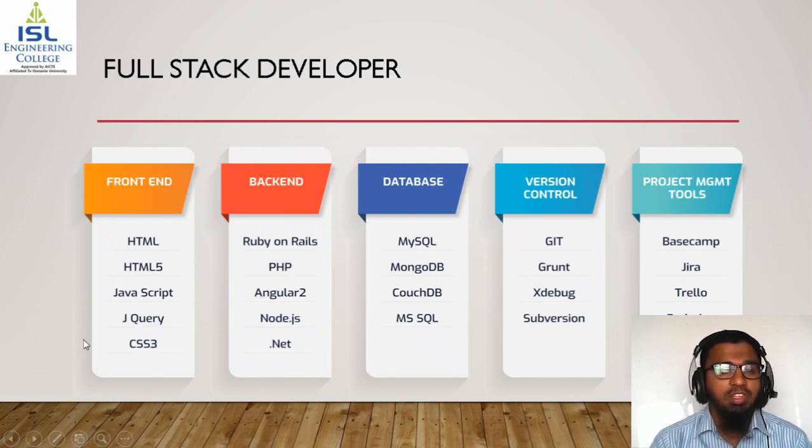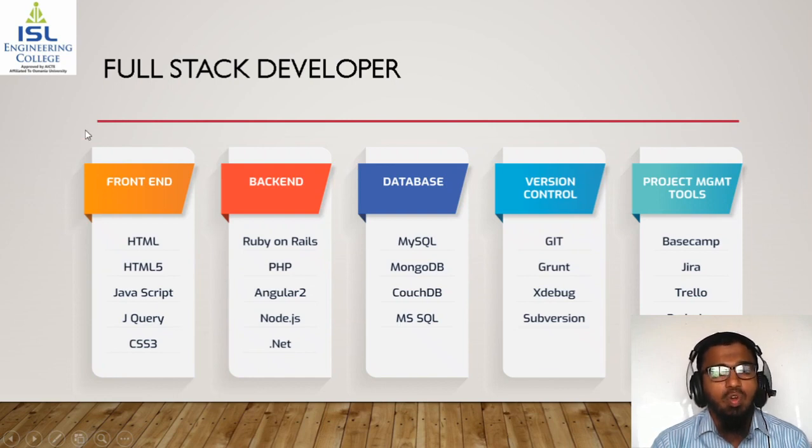In the first semester we are going to do the front end. Front end also means JavaScript, jQuery. This is a scripting language, and this is also JavaScript and jQuery. So this is about the front end.